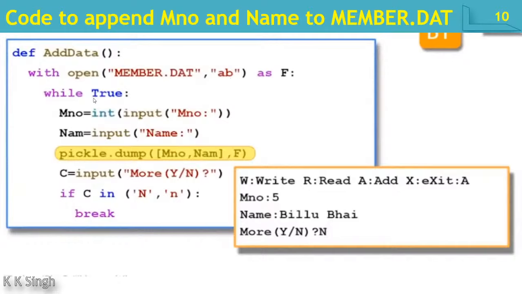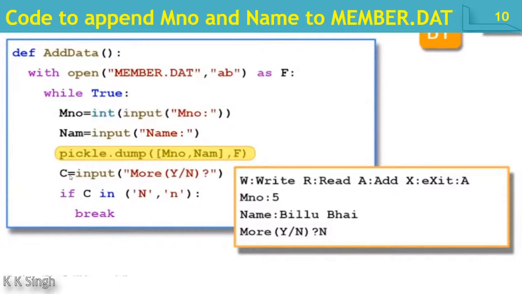Again, until you say N, it keeps on taking the records. So while true, I am taking the member number, MNO is equal to int input MNO, name input name, and after taking these two values, we will dump this information onto the file in the shape of a list.